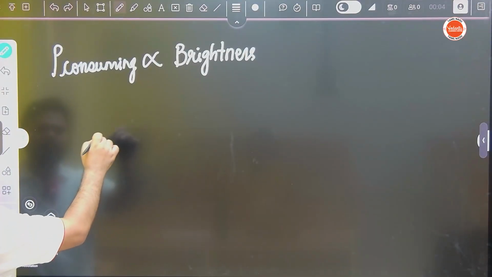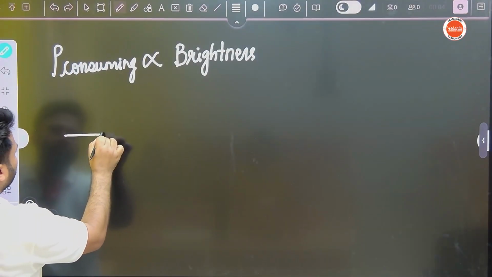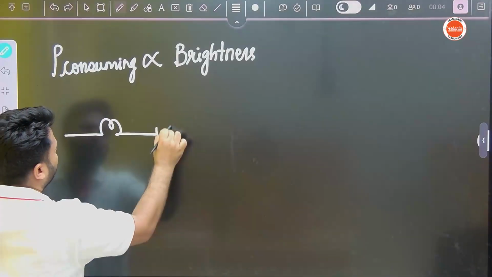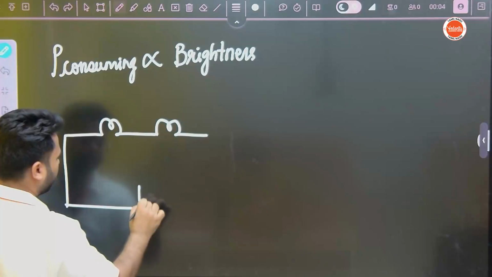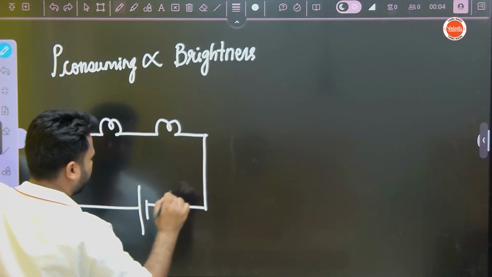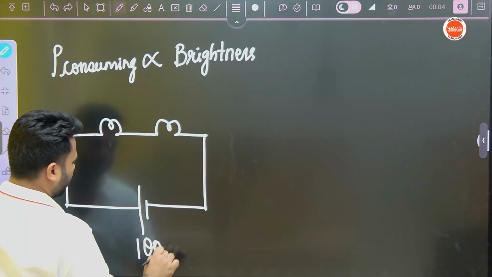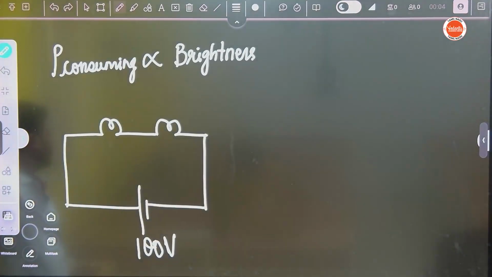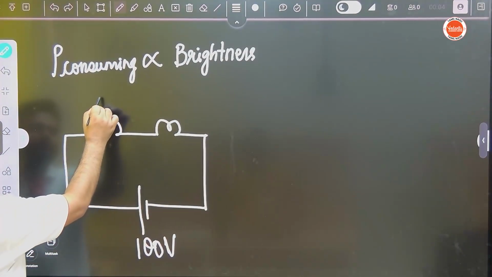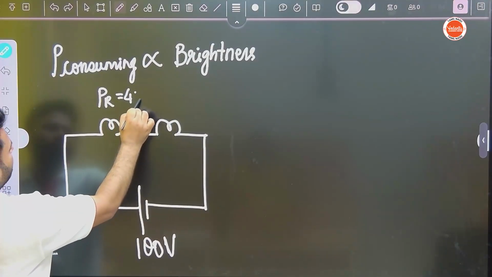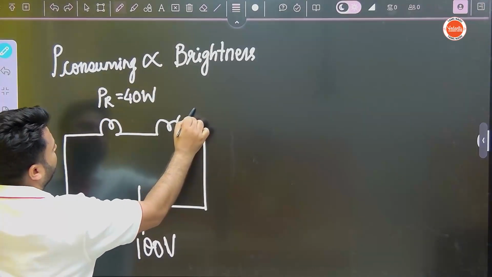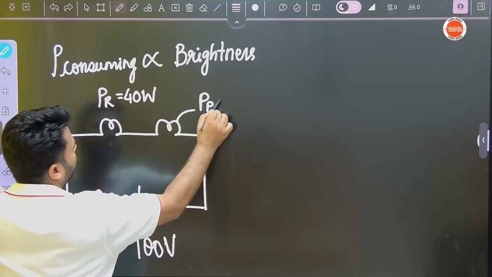Suppose one question comes, like there are two bulbs like this. 100 volt. Its rated power is 40 watt. This bulb's rated power is 60 watt.